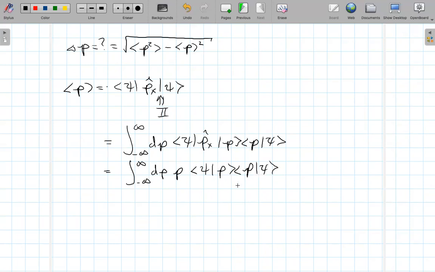But this is just the Gaussian wave packet in momentum space, so I have two factors of that. So this is going to be proportional to the integral from minus infinity to infinity of dp. Actually, I'm going to write just proportional, I don't feel like writing all that prefactor out. So I'm going to be lazy here for a second. There we go: e to the minus p squared a squared divided by h bar squared times p.